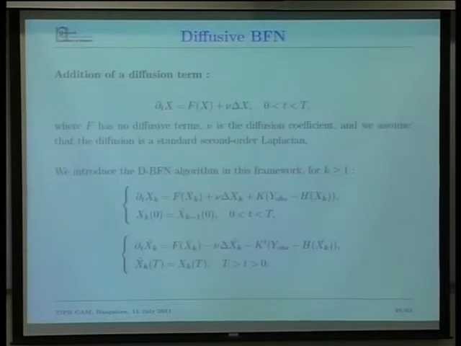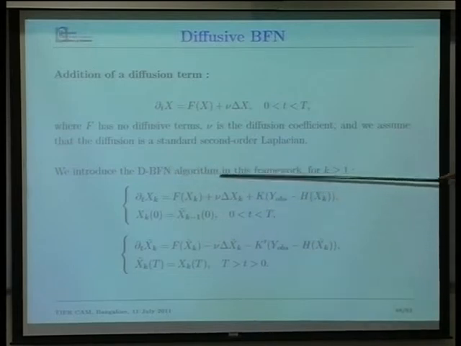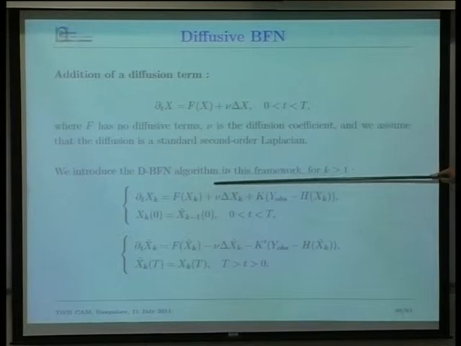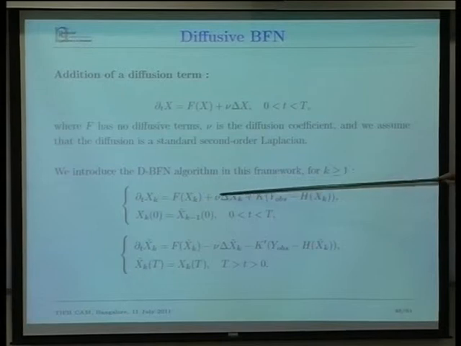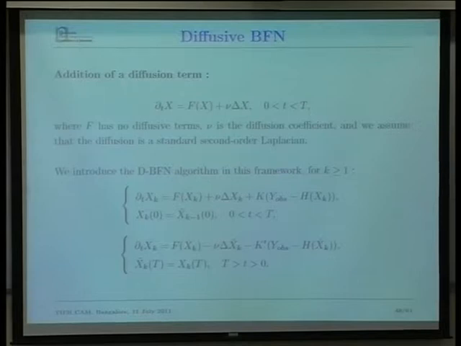But then you will use a model with diffusion. So the diffusive back and forth nudging is the following. On the forward resolutions, you use the physical model. You add some diffusion to stabilize numerical integration and also to take into account the subscale phenomena. And you add the feedback to the observations.